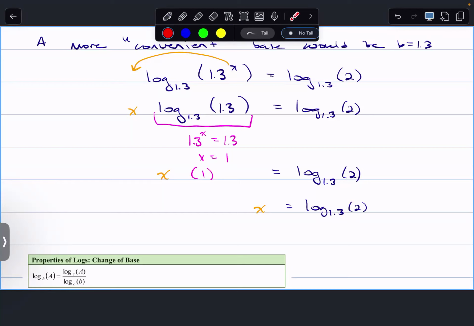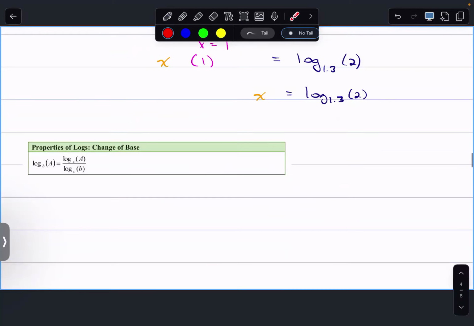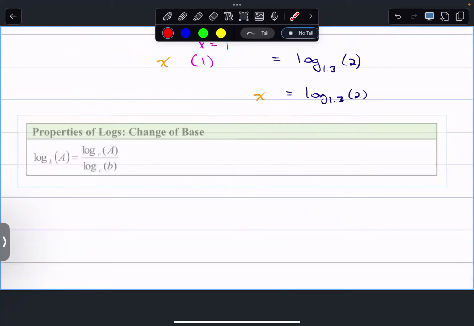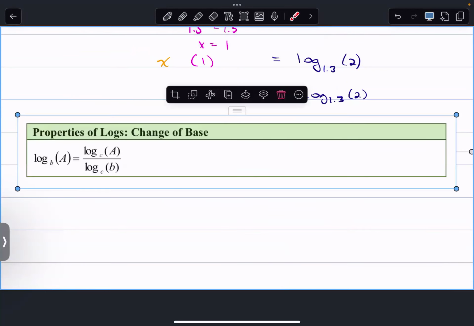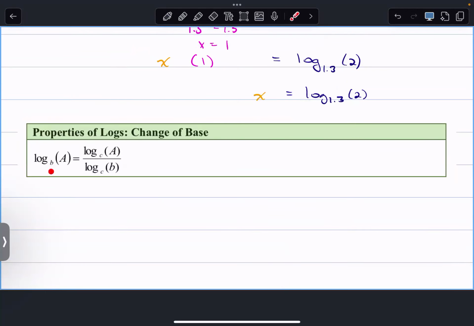In comes the change of base formula. The change of base formula says that if I have log base b of a, I can rewrite it as log base c of a over log base c of b.